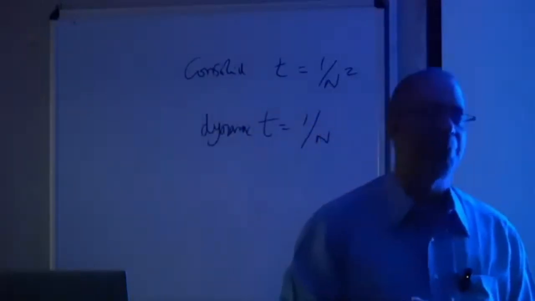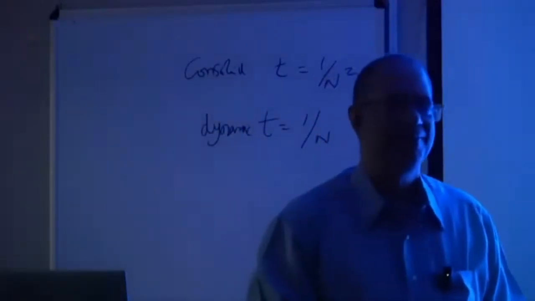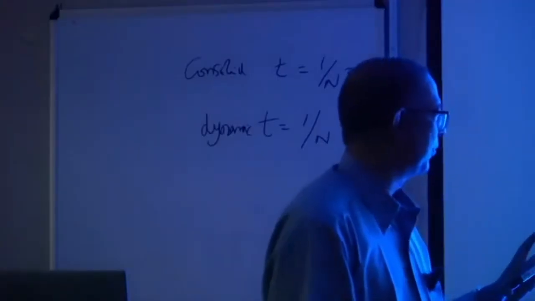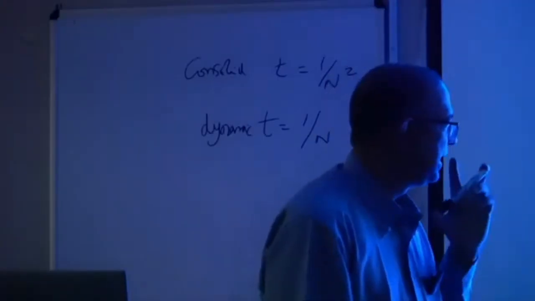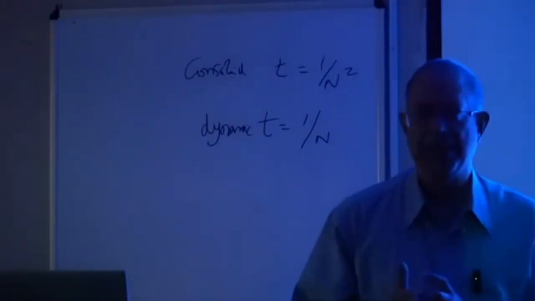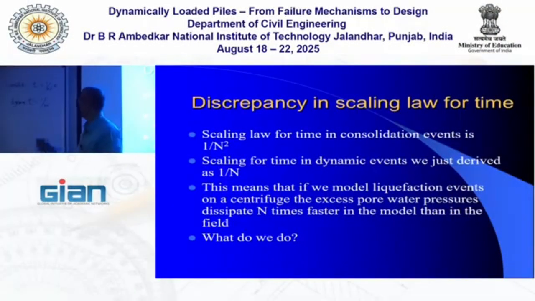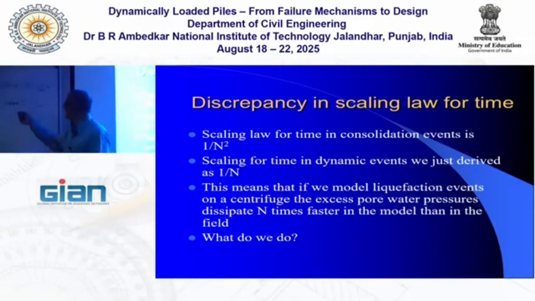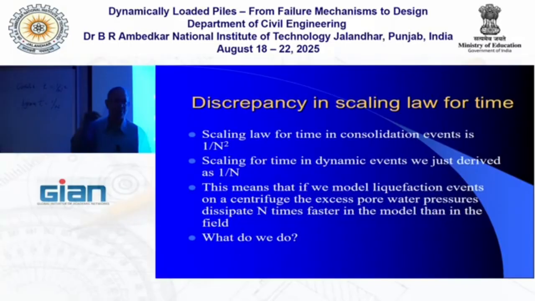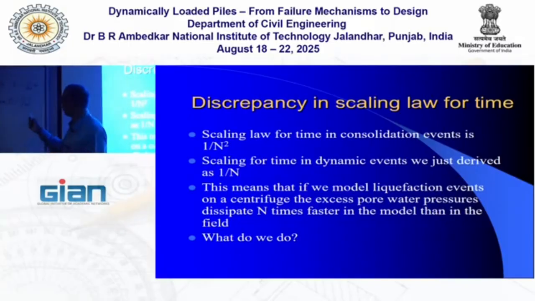So this is a problem, clearly a fairly big problem. So if I want to model the soil with water in it, saturated soil, then my consolidation will be scaling as 1 over n squared, but my dynamic time or the rate at which the pore pressure builds up will scale as 1 over n.